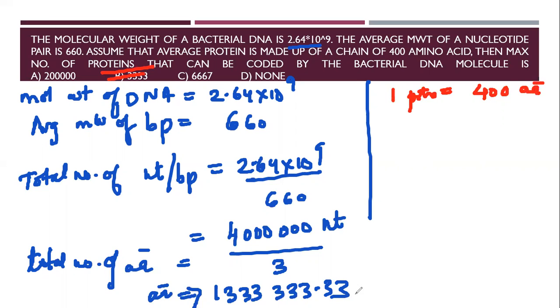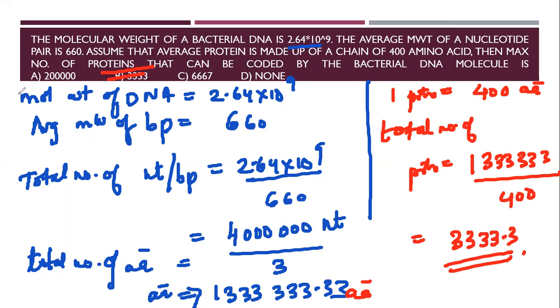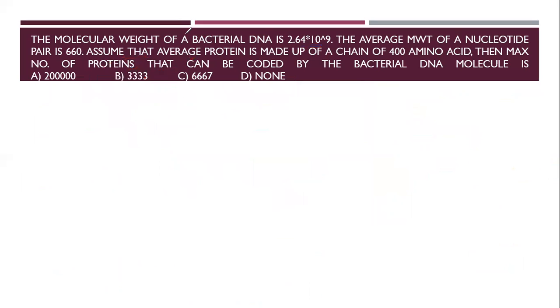So how many proteins will these many amino acids make, that is what is asked. So total number of proteins is equal to 133.33 divided by 400, okay? So this gives you the answer 3333. So our option B is the answer. Now is it clear? Yes ma'am. Okay, so let's move on to the next question.